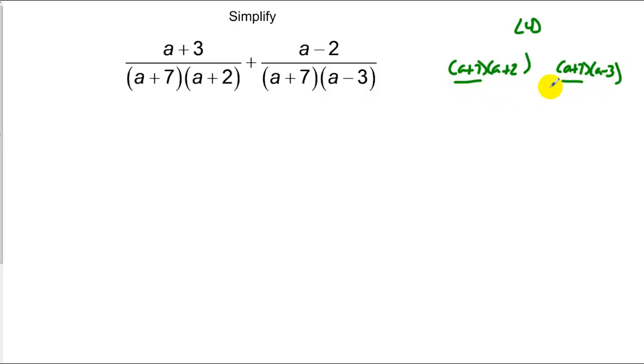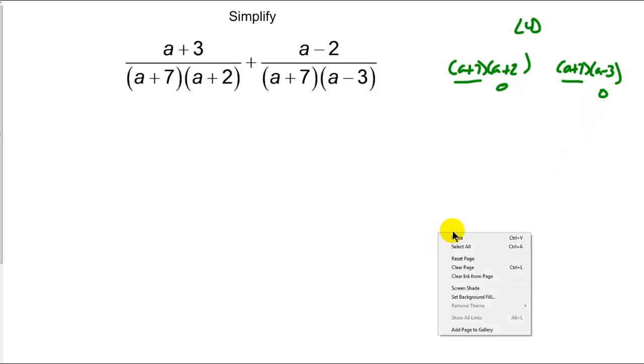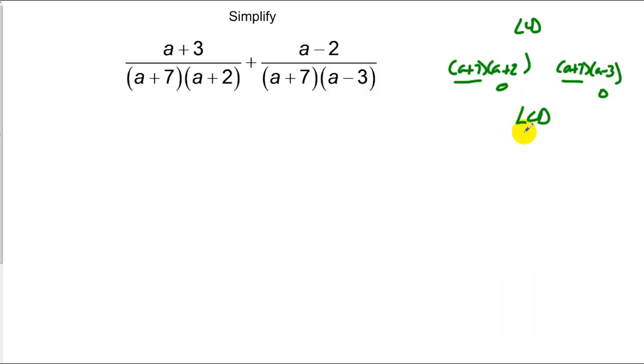The a plus 7 is in common, but I still need that a plus 2 and that a minus 3 to make sure I have a denominator that all my terms go into. So my LCD in this case is going to be the a plus 7, the a plus 2, and the a minus 3.